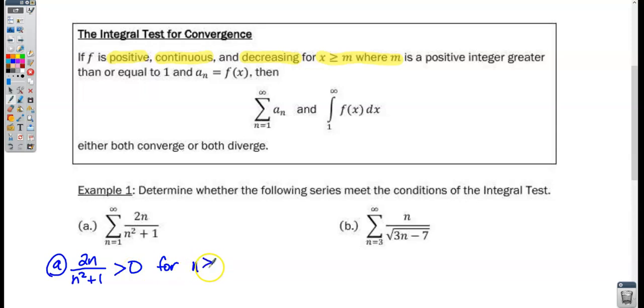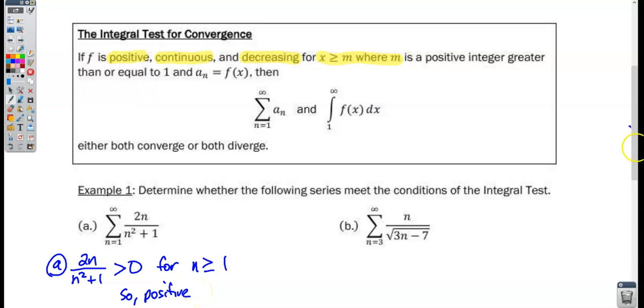I can tell pretty easily that this one is positive for n values greater than or equal to 1, because the denominator here, n squared plus 1, is always positive. And when n is greater than or equal to 1, the numerator is also positive. So when we take a positive divided by a positive, it indeed gives us a positive value. So we've verified that this is positive. We met the first condition.